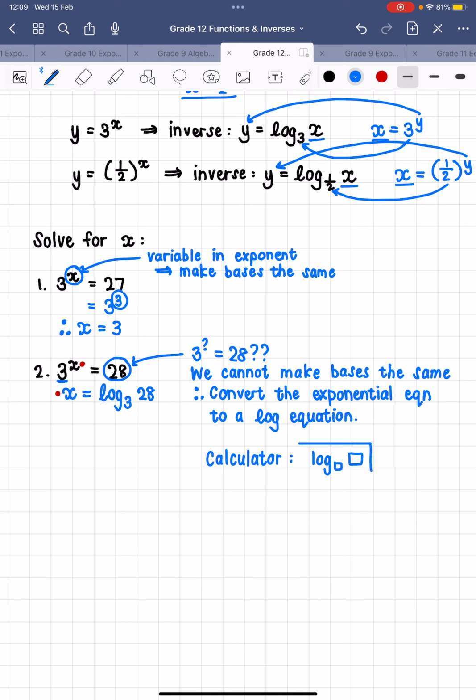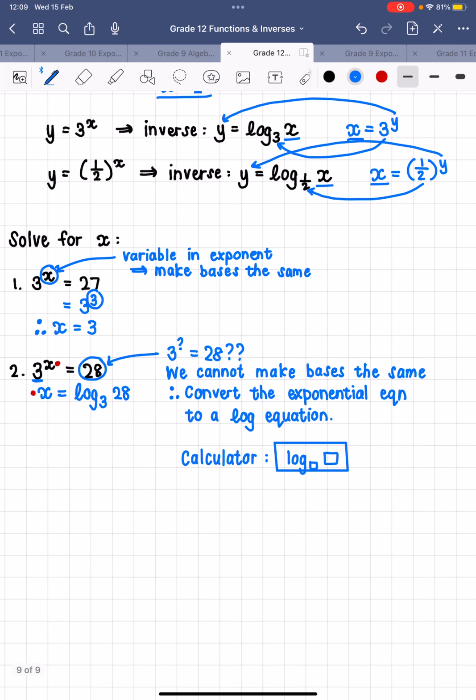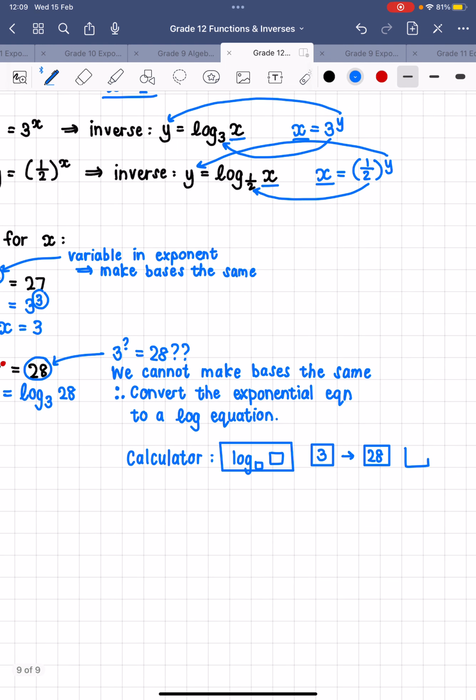Then you are going to type in each block. You're going to press 3, I think would come next. And you're going to use your arrow and type in 28. And you're going to press the equals button.